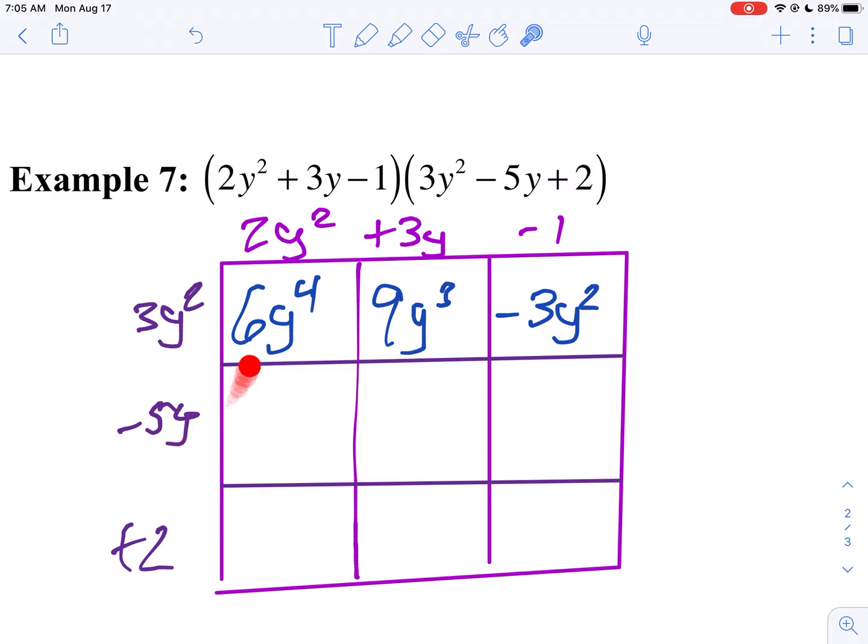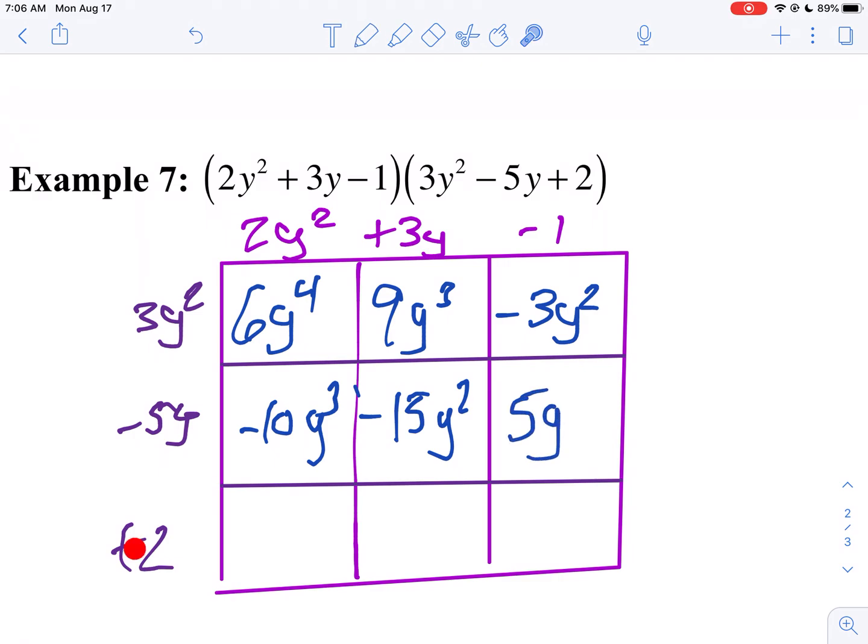Negative 5y times 2y squared, well, that's negative 10y cubed. Negative 5y times 3y, well, that's negative 15y squared. Negative times the negative is a positive 5y.